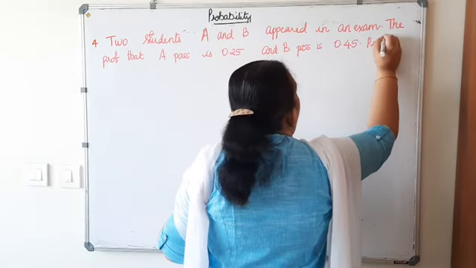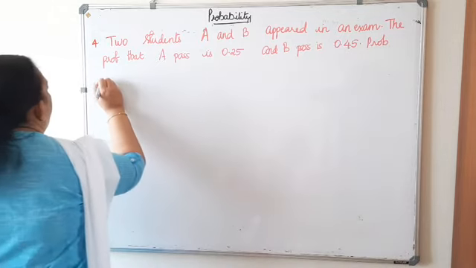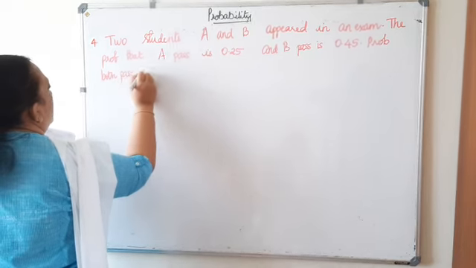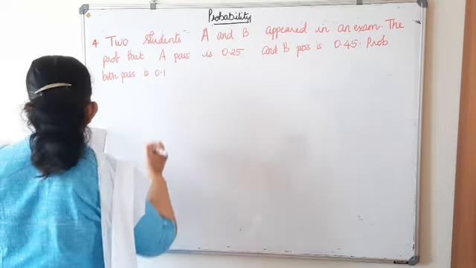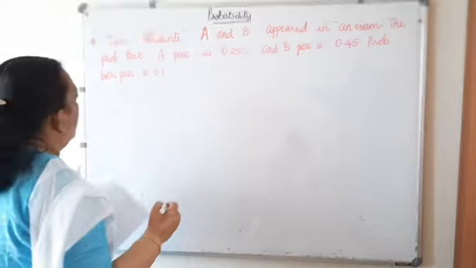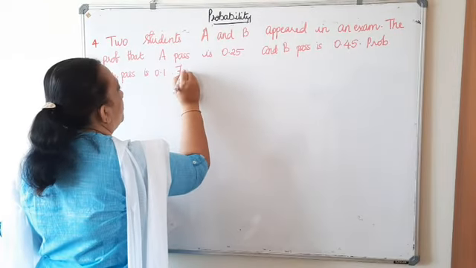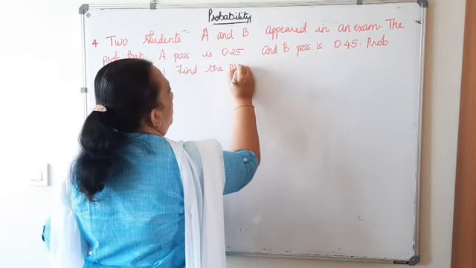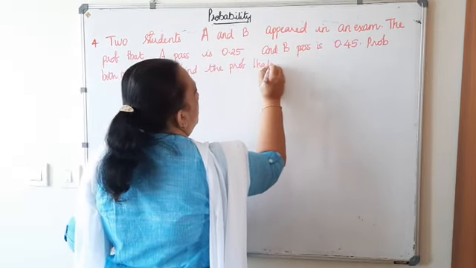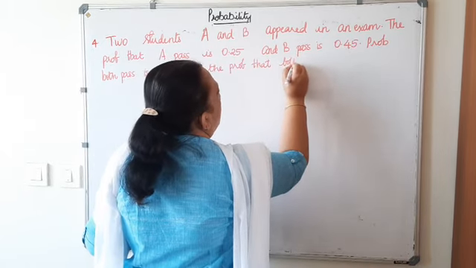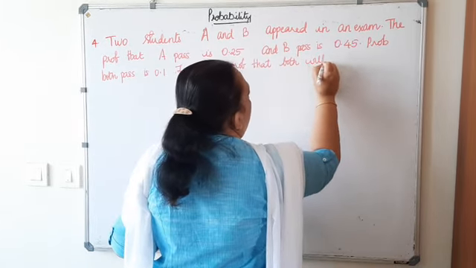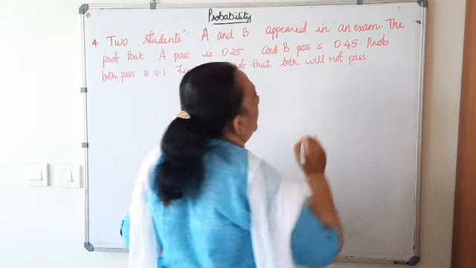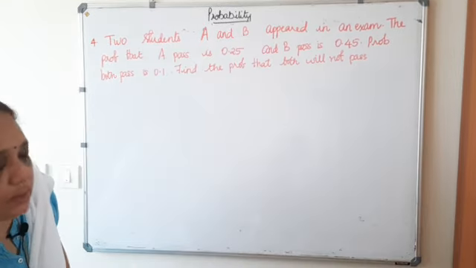Probability both pass is 0.1. Find the probability that both will not pass.